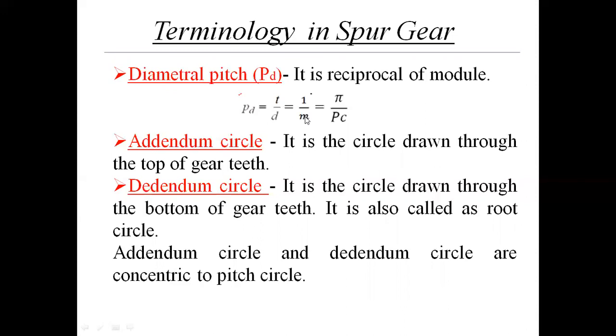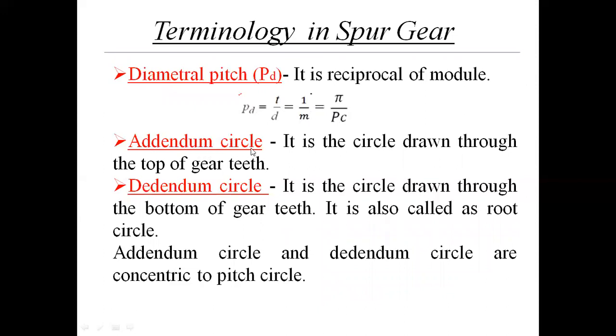Module is nothing but the ratio of d by t, so diametral pitch becomes t by d, or it is pi divided by circular pitch, and circular pitch is nothing but pi into module. So pi will get cancelled, and again you get the same value, 1 upon m.